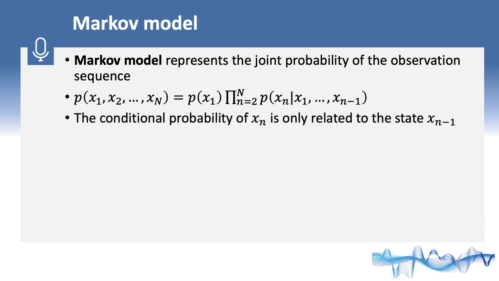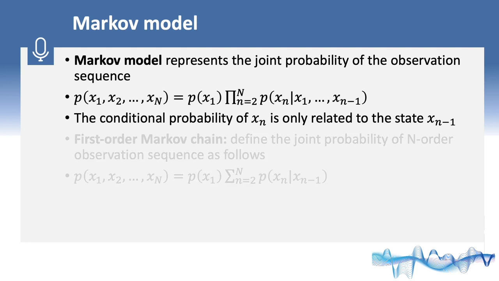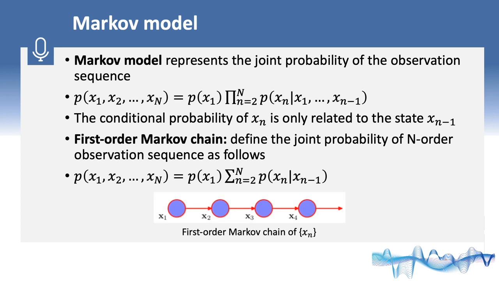If the conditional probability of xn is only related to the previous day's xn-1, we could use a first-order Markov chain to define the joint probability of the n-length observation sequence. If the conditional probability is related to the previous 2 days, there will be a second-order Markov chain.